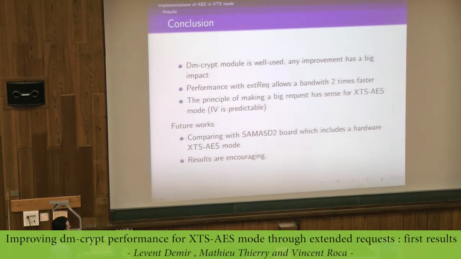For example, it is, as you have seen, suitable for XTS because the IV is predictable and consecutive. However, if we want to use another method of IV or other AES modes like CBC, we will not be able to do this work. Or, for example, this is also very suitable for ECB because there isn't an IV at all. That's why it's very interesting to have a big request.